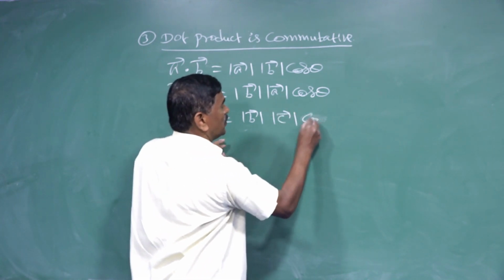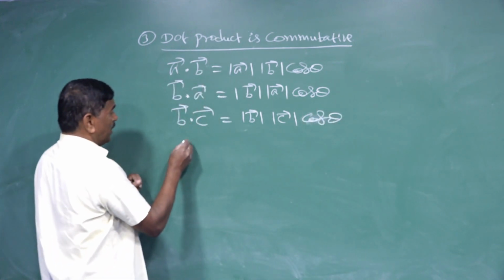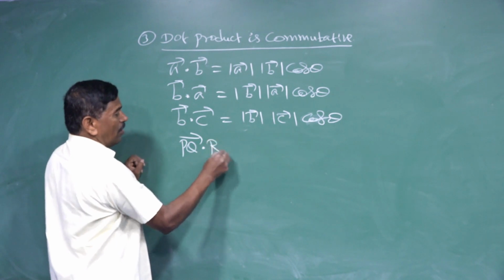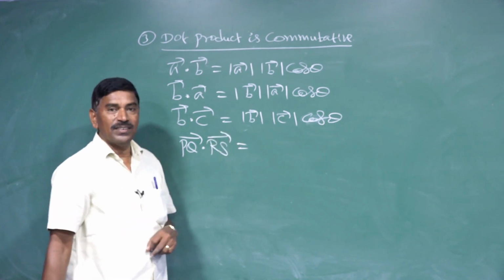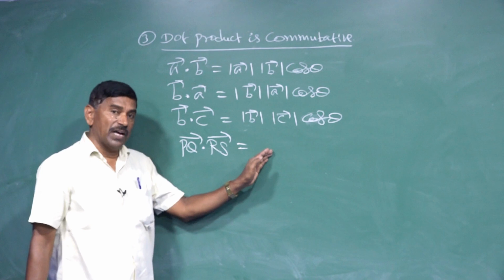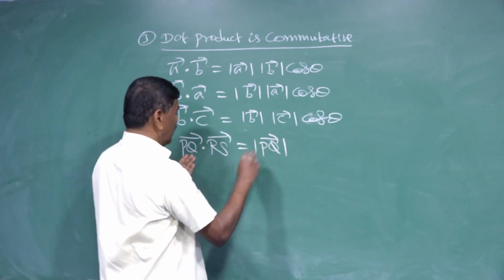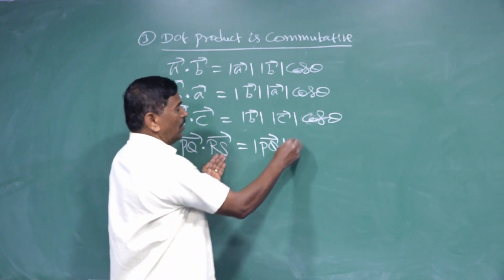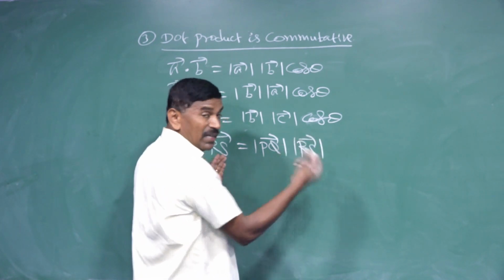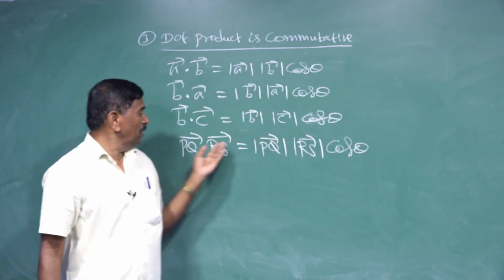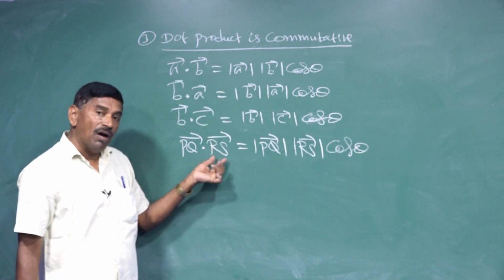Similarly, for example, pq vector dot rs vector: first pq vector, so modulus pq vector, into rs vector, so into modulus rs vector into cos theta, where theta is the angle between pq vector and rs vector.